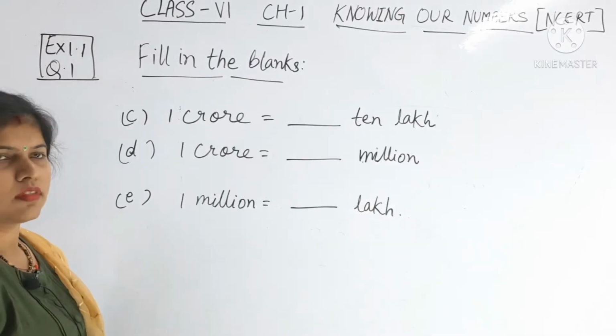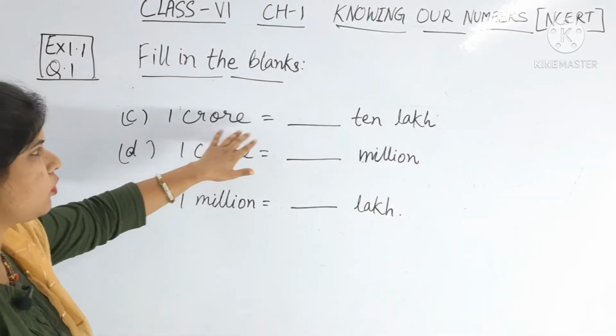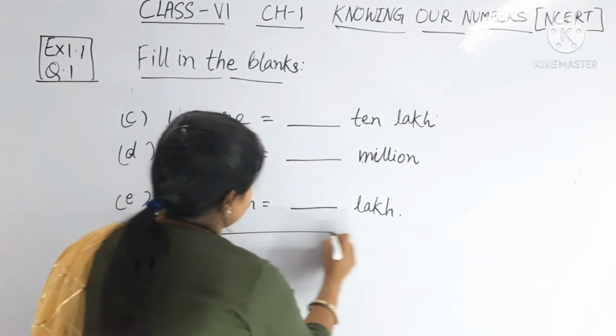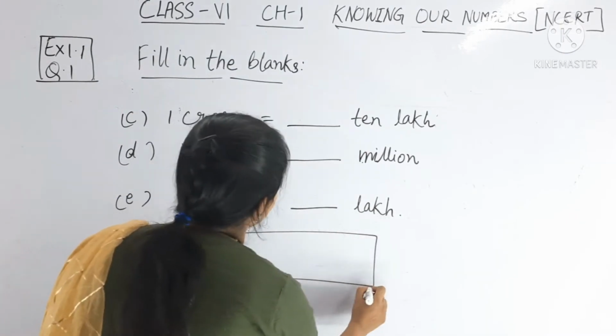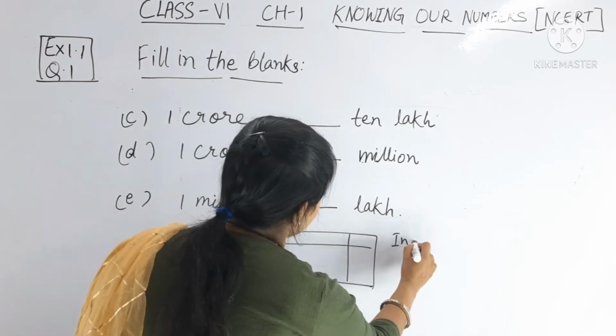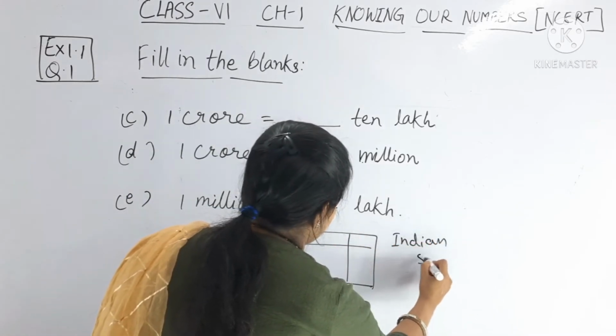Now coming to the C part, that is 1 crore equal to dash 10 lakh. For this also we have to make the place value chart of the Indian system. This is the place value chart of the Indian system.